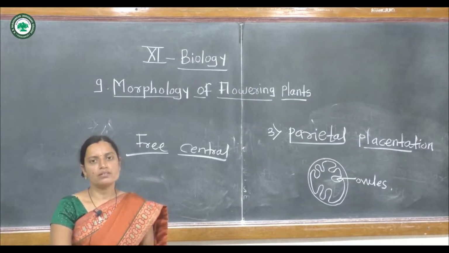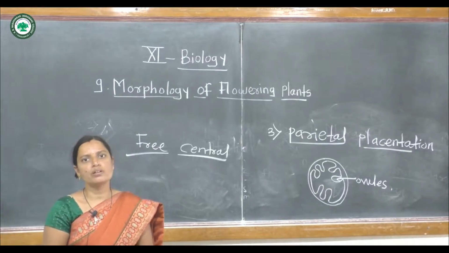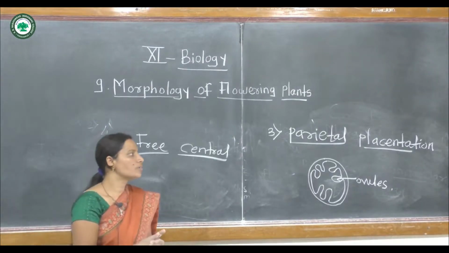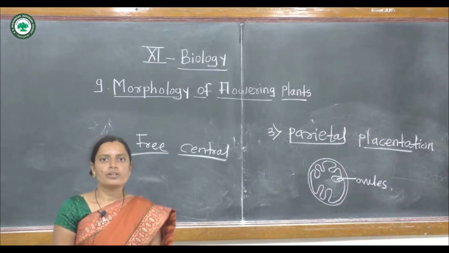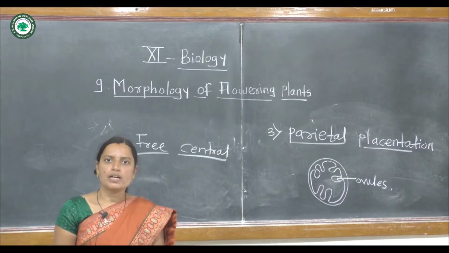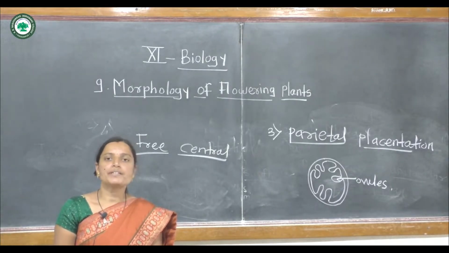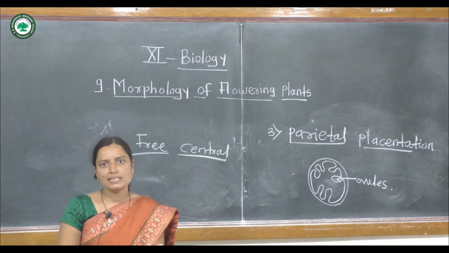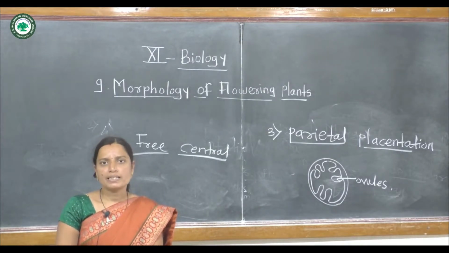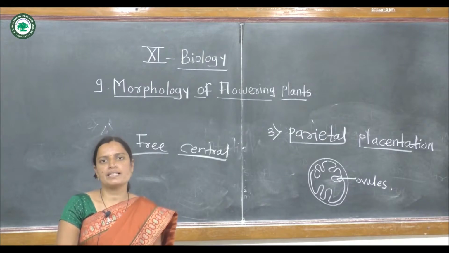These are some types of placentation. The types observed in plants are axile placentation, marginal placentation, parietal placentation, and basal placentation.